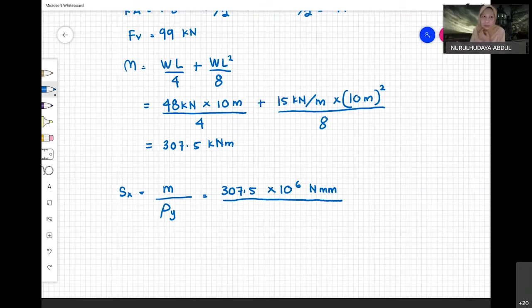You don't have to assume because section tu dia dah bagi. So you boleh refer pada properties of UB, table of properties for UB untuk check berapa dia punya T. Okay, sebab T tu yang tentukan berapa PY.